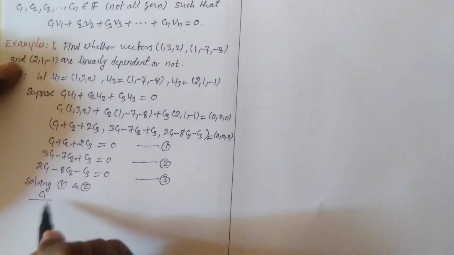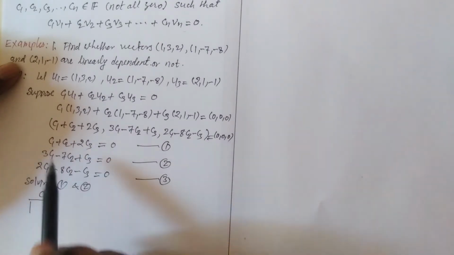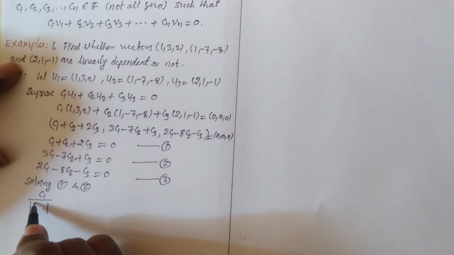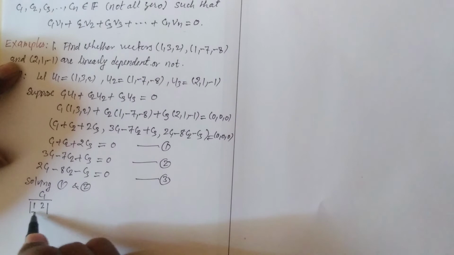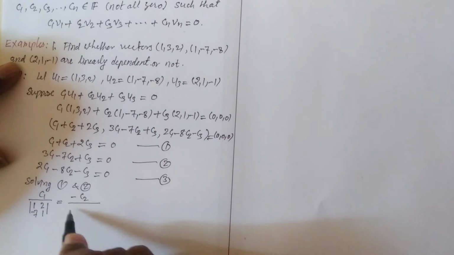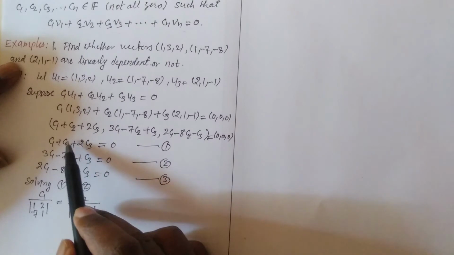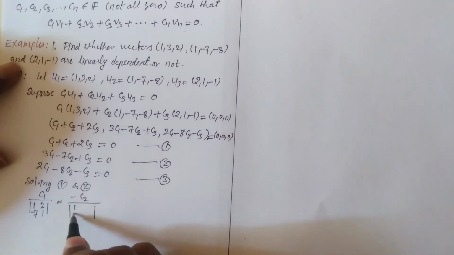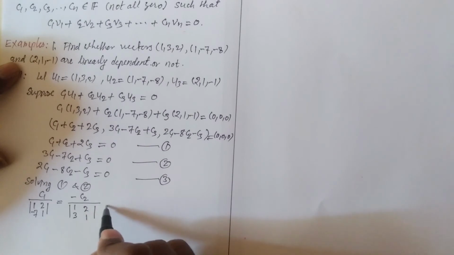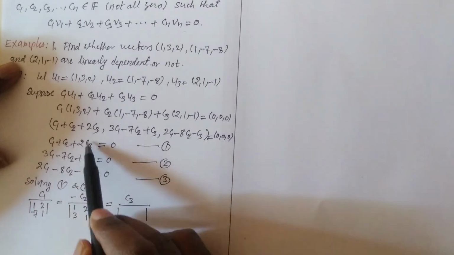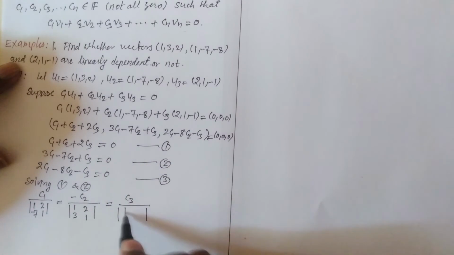So c1 divided by the determinant, where we ignore the coefficient of c1, so we will have the coefficients 1, 2, -7, 1, and this equal to minus c2 divided by the determinant, where we ignore the coefficient of c2 from equations 1 and 2, so we will have 1, 3, 2, 1, and next this equal to c3 divided by the determinant, where we ignore the coefficient of c3, so we will have 1, 1, 3, -7.